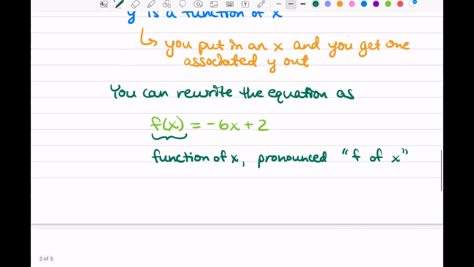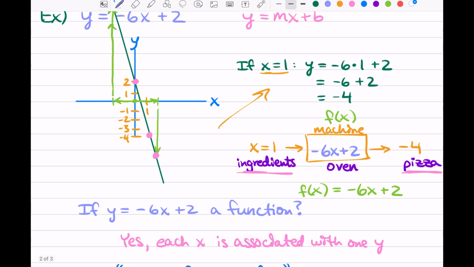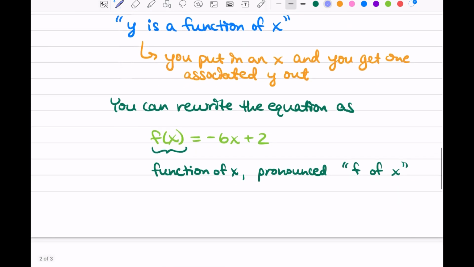So we said up here, we put in our x equals 1, and we popped out that negative 4. When we use our function notation here, how does that work? So let's say we put in x equals 1, and that's our ingredient for our pizza. Then we put that into the oven, our function oven.